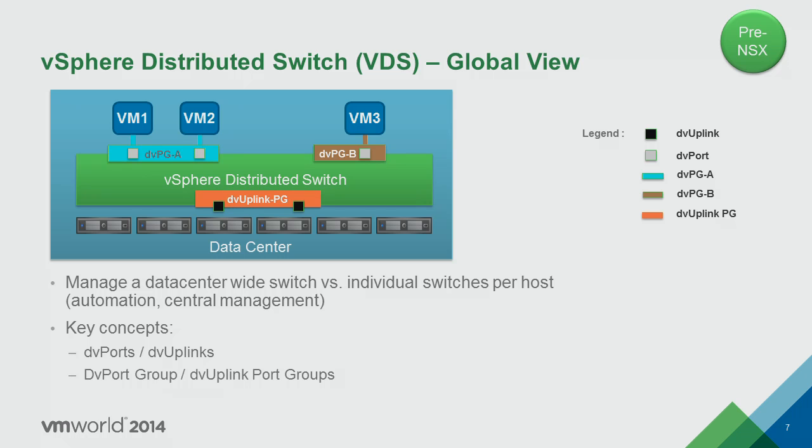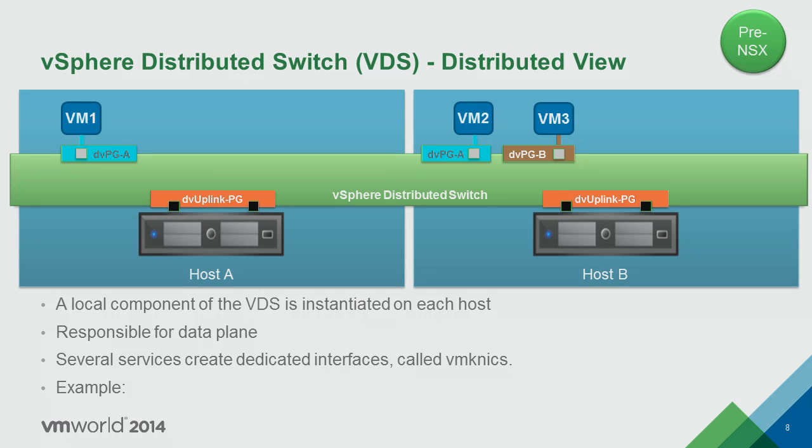Another simple concept that we're going to use over and over is a DV port group. A DV port group groups several ports together that have the same connectivity characteristics, in particular layer 2 connectivity. And we have the matching DV uplink port group for the uplinks. So far, nothing special. So that was a global view of the VDS.